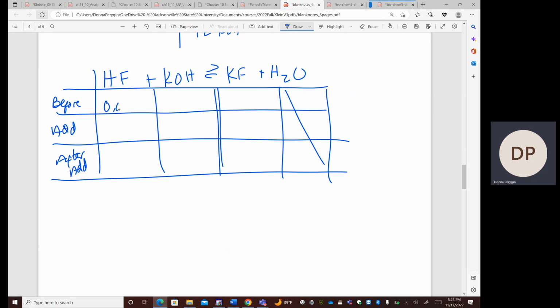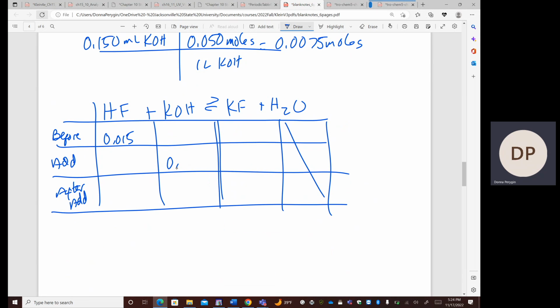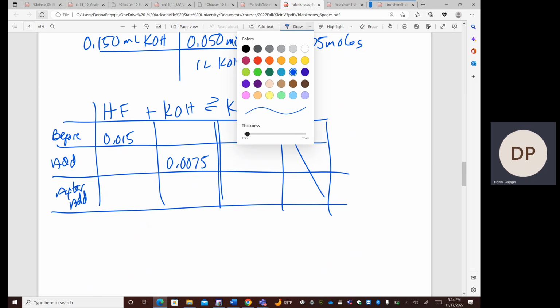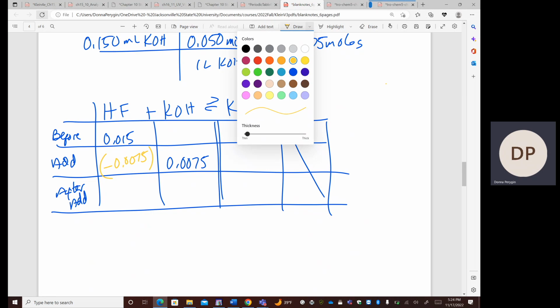So we're starting with 0.015 moles of HF, which we calculated earlier, and we're adding 0.0075 moles of KOH. So notice that we're subtracting 0.0075 moles from the HF because it's a 1-to-1 ratio.